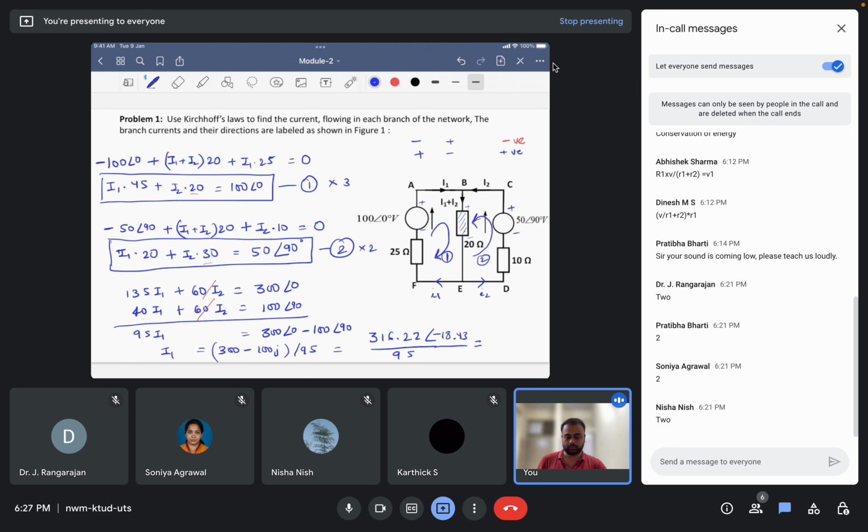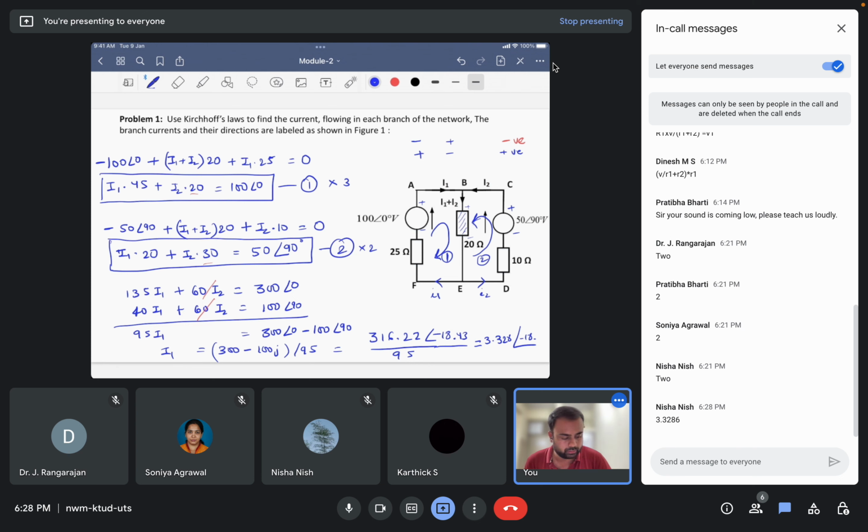So dividing this by 95, this comes to be 3.32, angle remains the same, minus 18.43. So this is 3.328, angle minus 18.43.